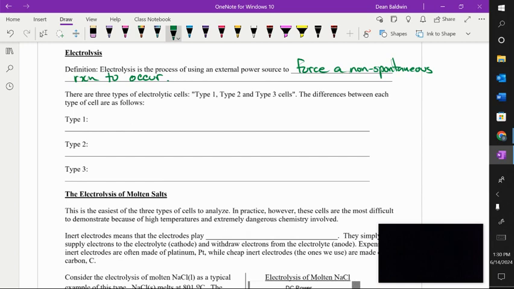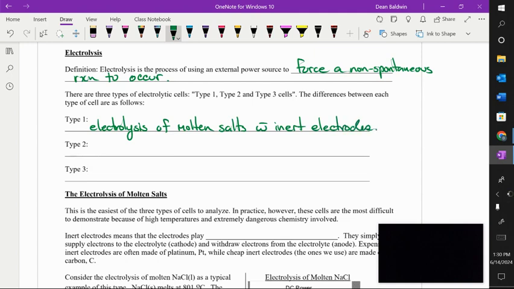There is type 1, which is molten salts, with inert electrodes.